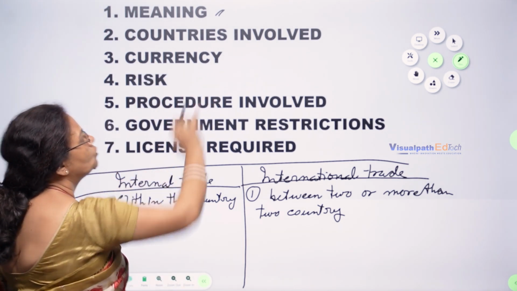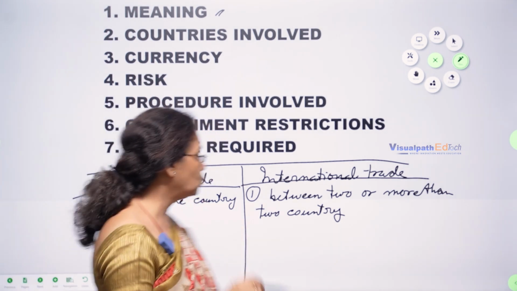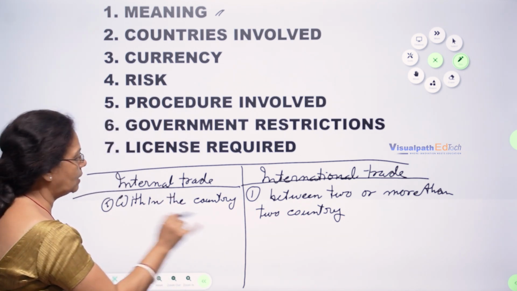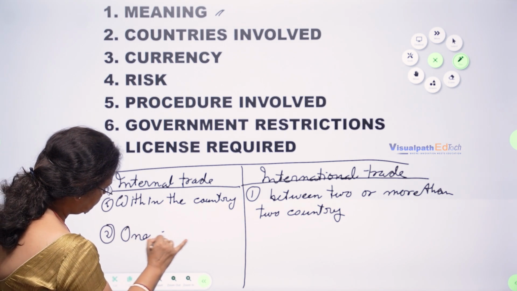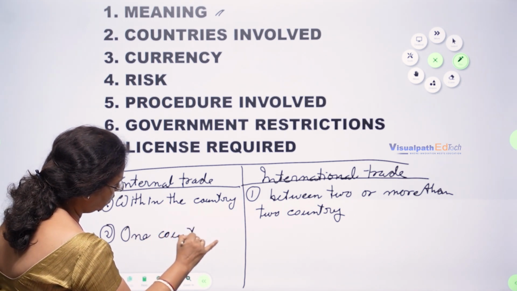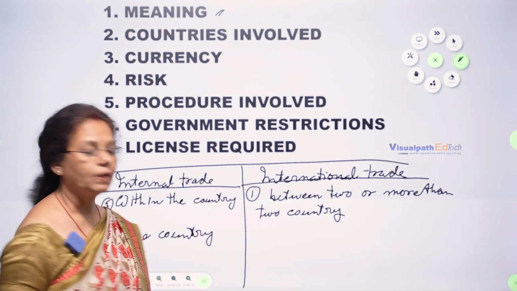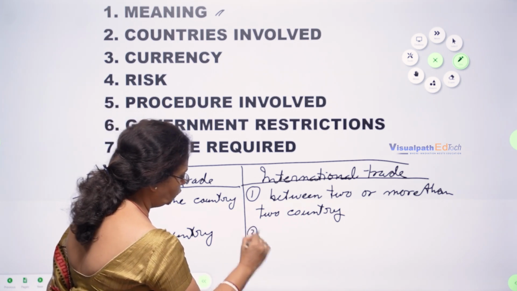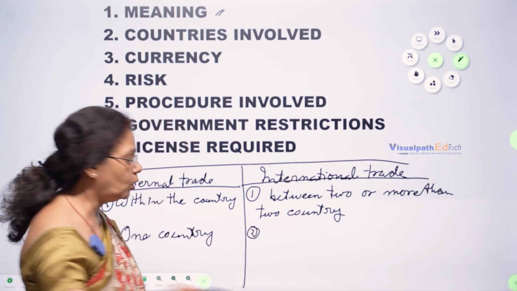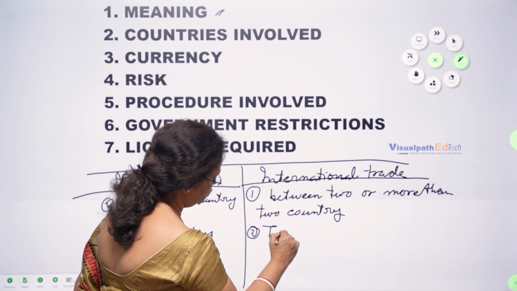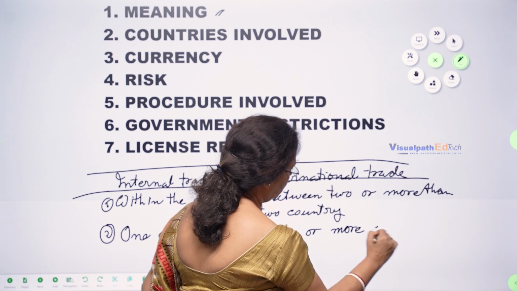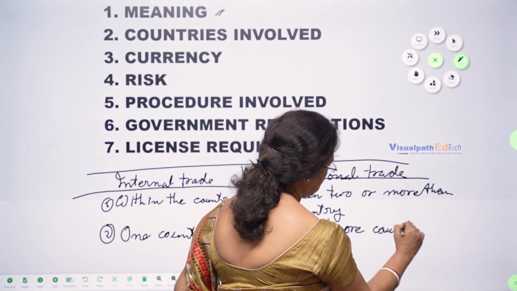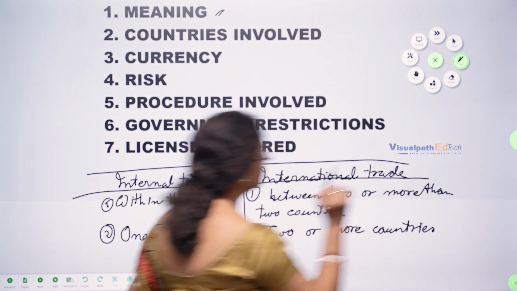Secondly, countries involved. As I told you already, the meaning itself says only one country is involved for internal trade, and for international trade two or more countries.